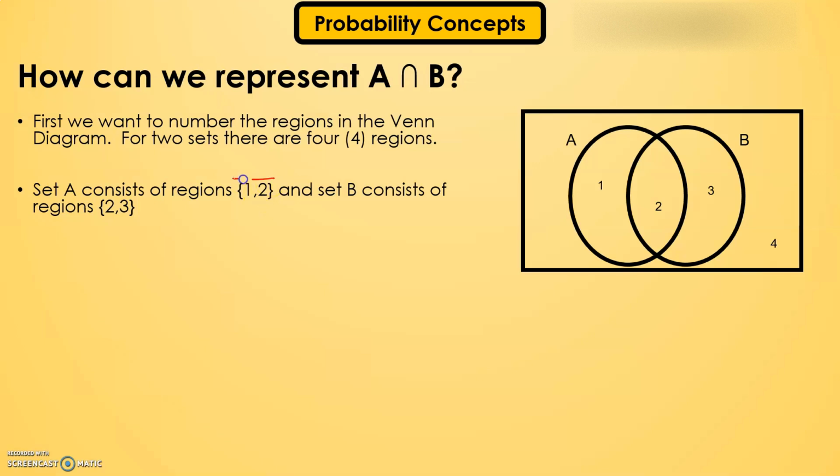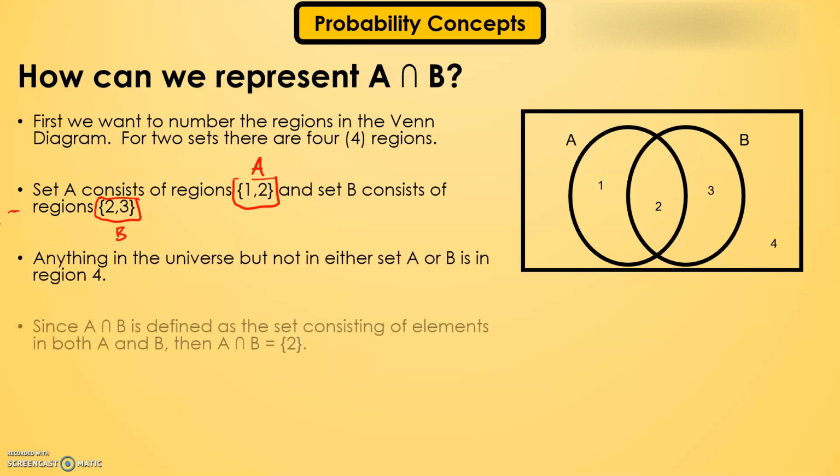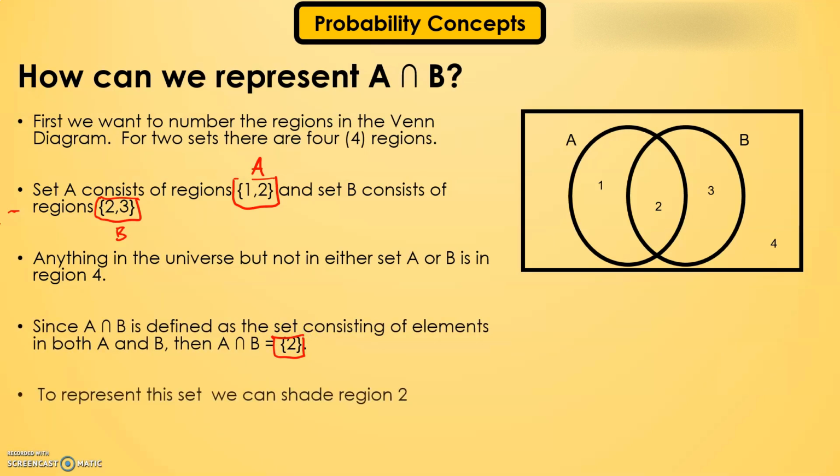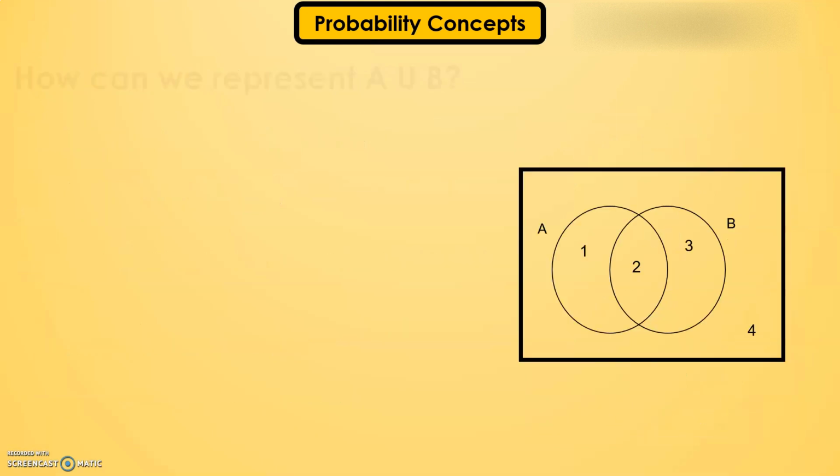So you see here that A is made up of 1 and 2, and B is made up of 2 and 3. The only thing they have in common is 2. So to represent A and B, that's that. So for an intersection, they must be in both lists.